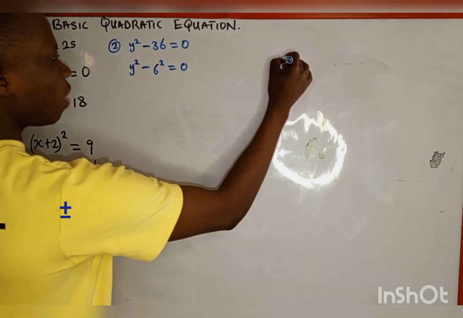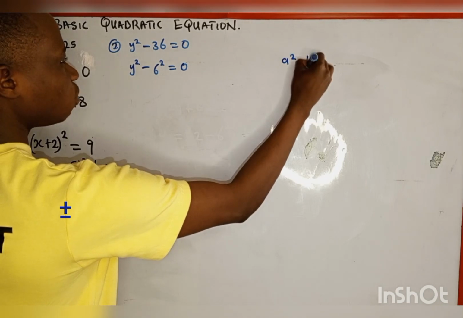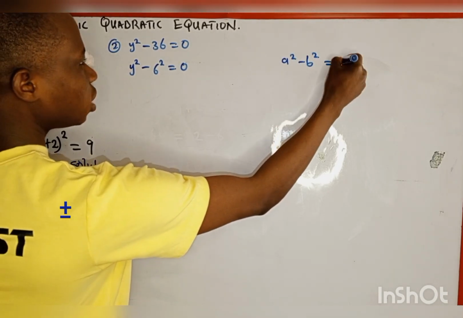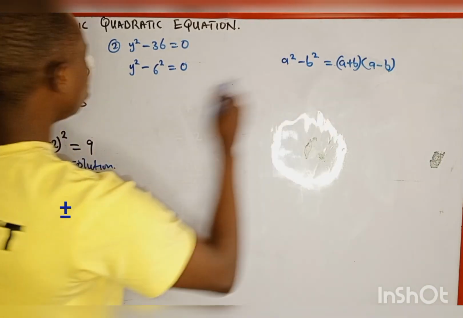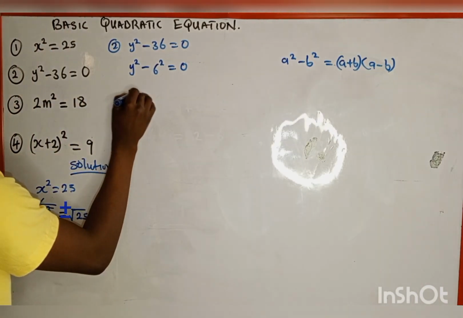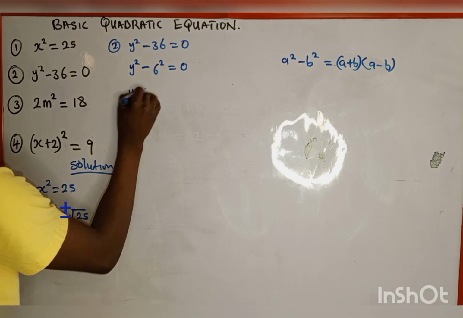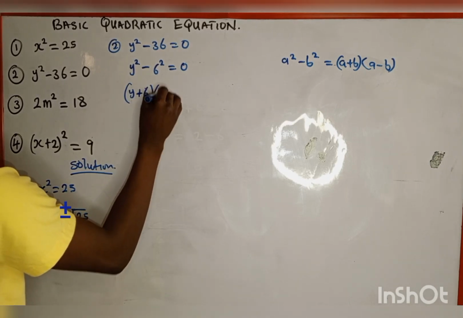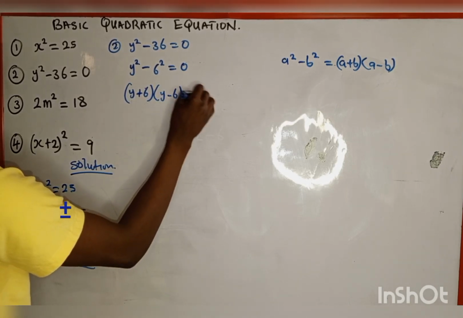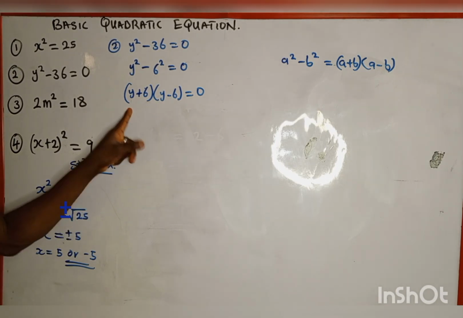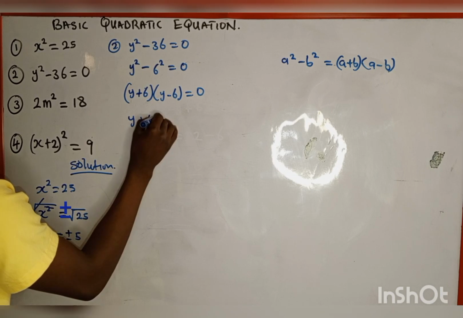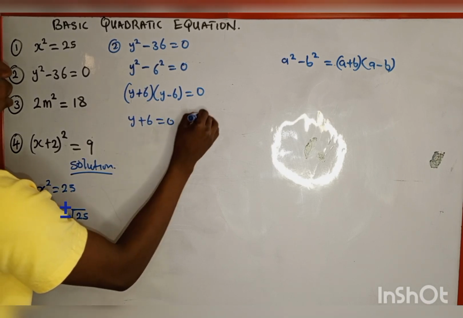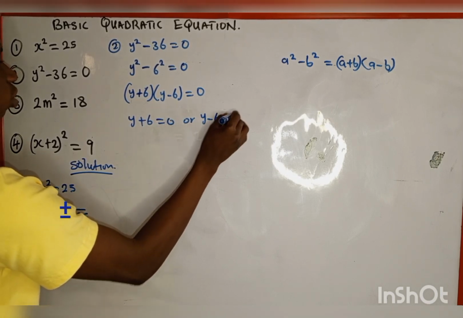We recall that a to the power of 2 minus b to the power of 2 is equal to what? a plus b multiplied by a minus b. So this can be written as y plus 6 multiplied by y minus 6, which is equal to 0. And when two terms are multiplied and the product is equal to 0, either one of them is 0: y plus 6 is equal to 0, or y minus 6 is equal to 0.